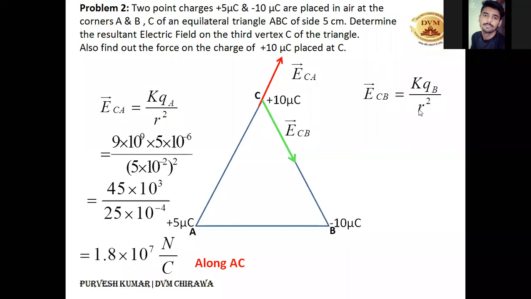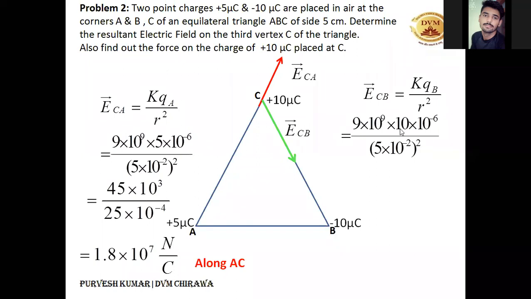ECB is KQB upon R square, because now this electric field is because of the minus 10 microcoulomb charge. In place of K it is 9 into 10 to the power 9, and in place of QB it is 10 into 10 to the power minus 6, divided by R square. R is CB, that is 5 centimeter.